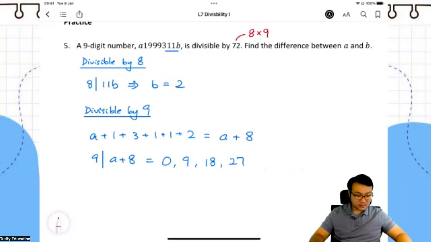Yes. Now let's test them out. Can A plus 8 be equal to 0? No. Why not? Is it possible?